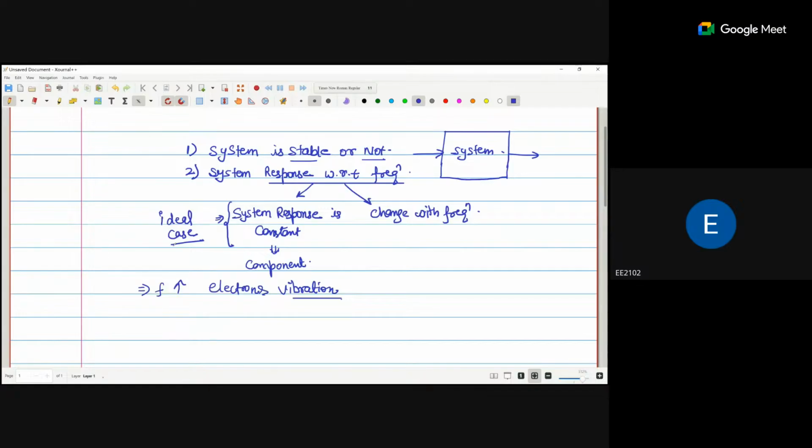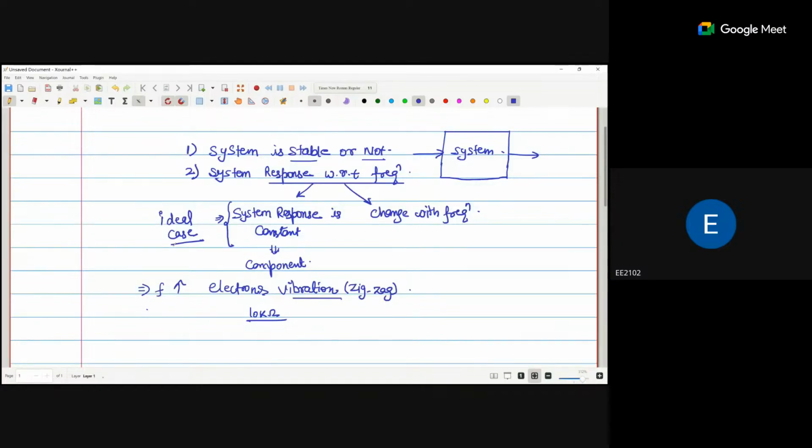If I say the resistance, now if we increase the frequency, the resistance value will change. Why? Because the electron vibration started in its exact position, so that will increase the resistance. If you design a resistance of 10 kilo ohm and increase the frequency, it will show a different response.